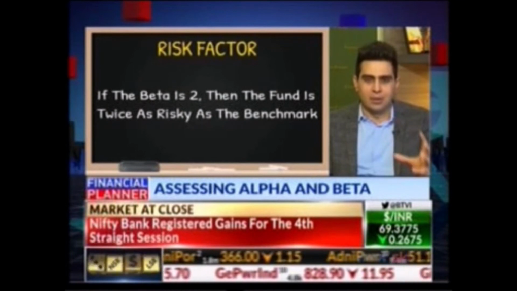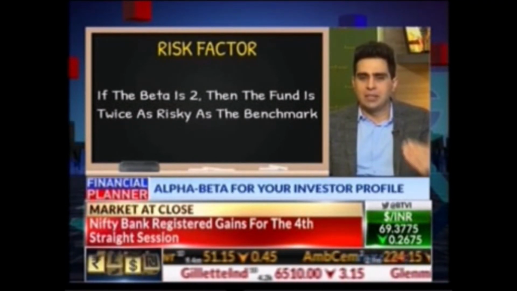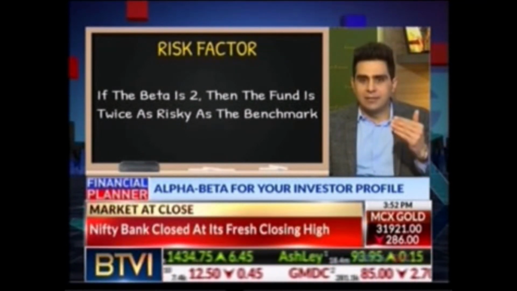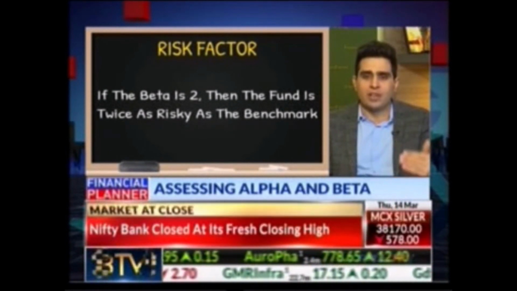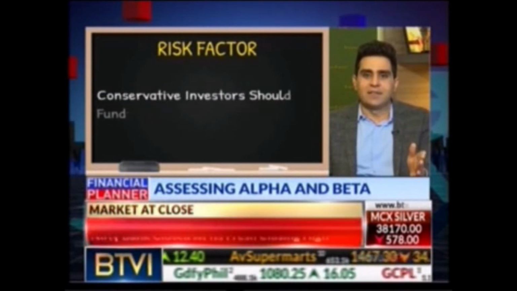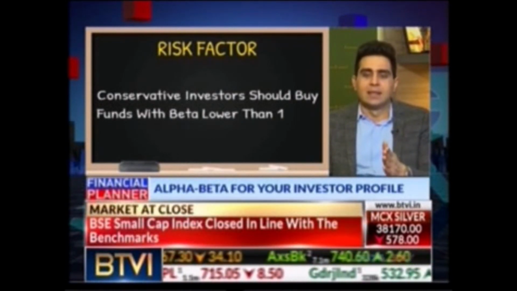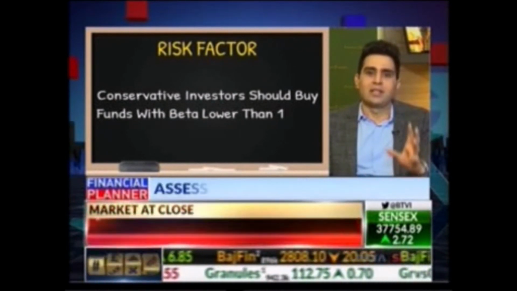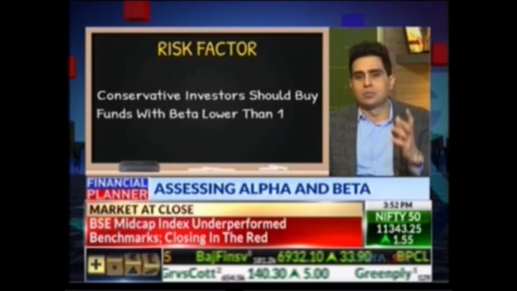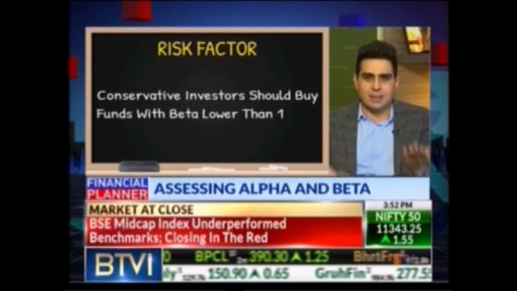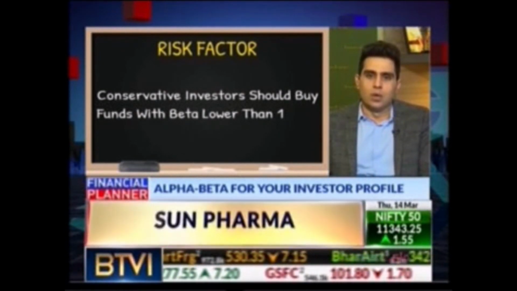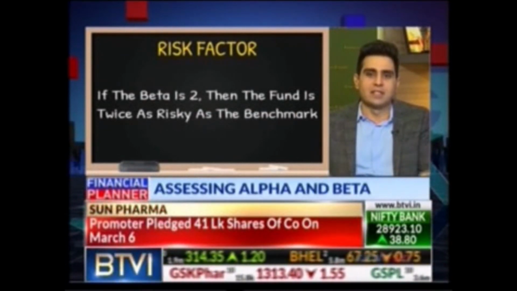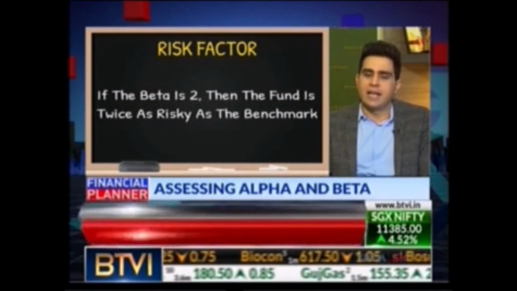So it's such a simple concept that if you see a beta of 1.3 times, that means that the fund is 30% more risky. So it is likely that if the benchmark falls X, the fund will fall 1.3 times the same fall. So beta tells you the relative risk between the two, which is the fund and the benchmark. Alpha tells you the relative performance or return differential between the fund and its benchmark.